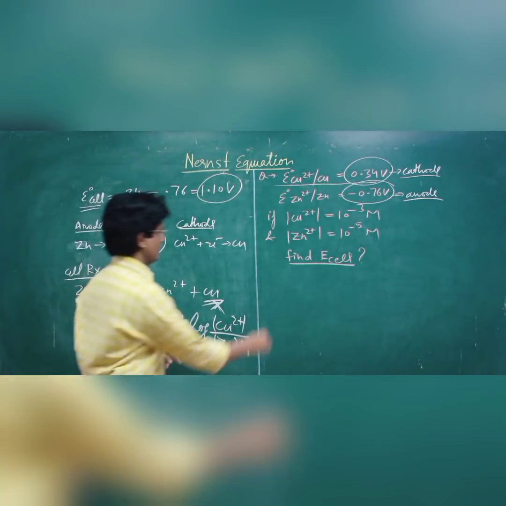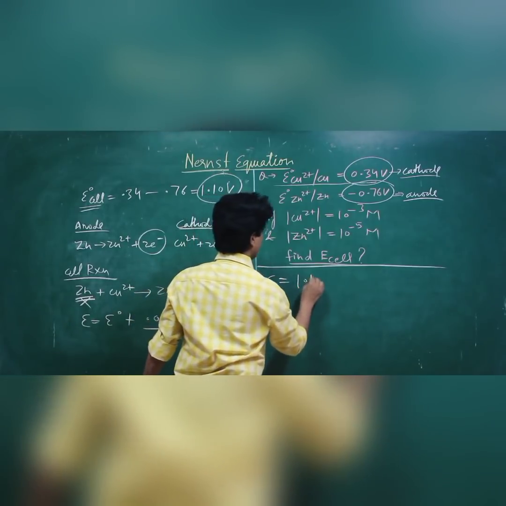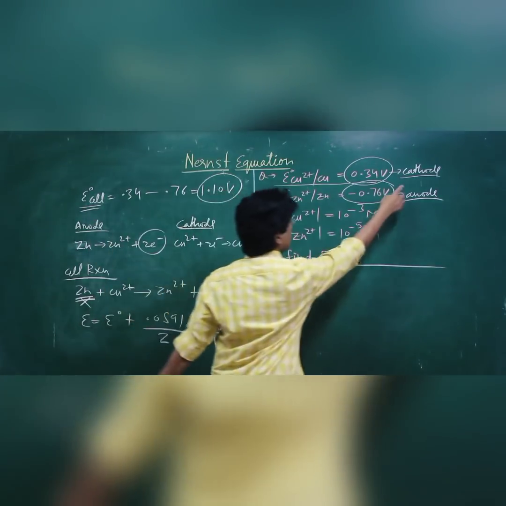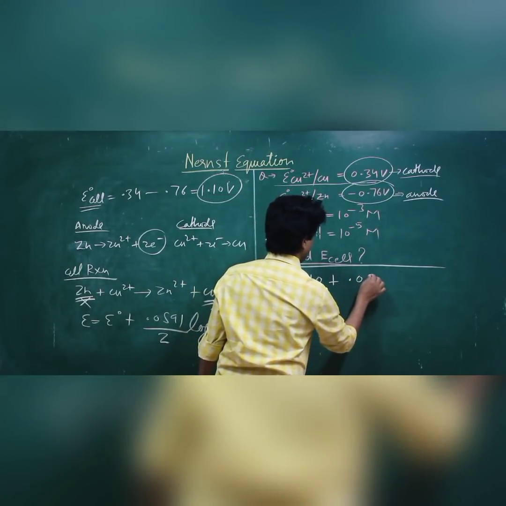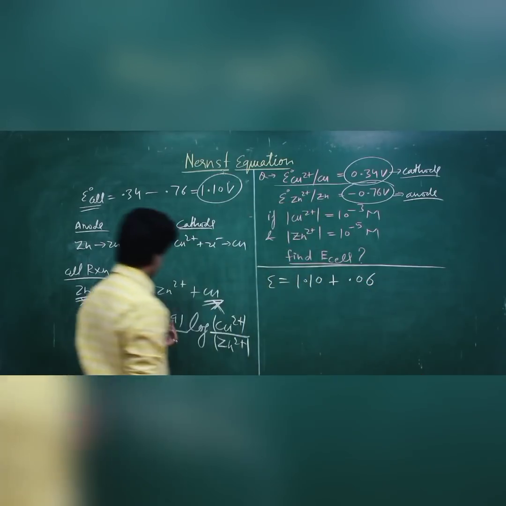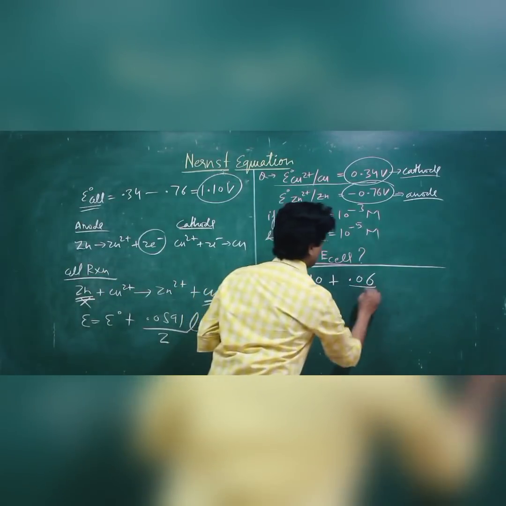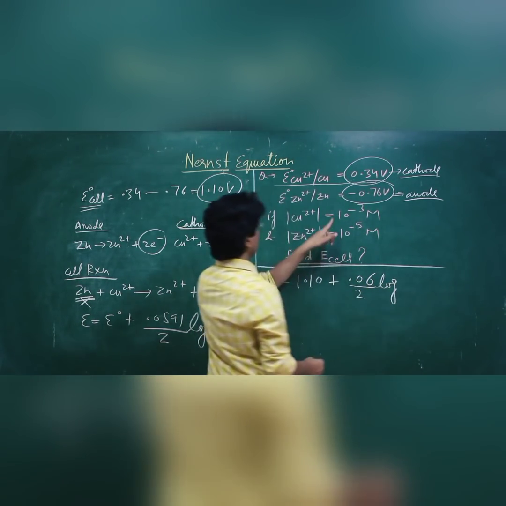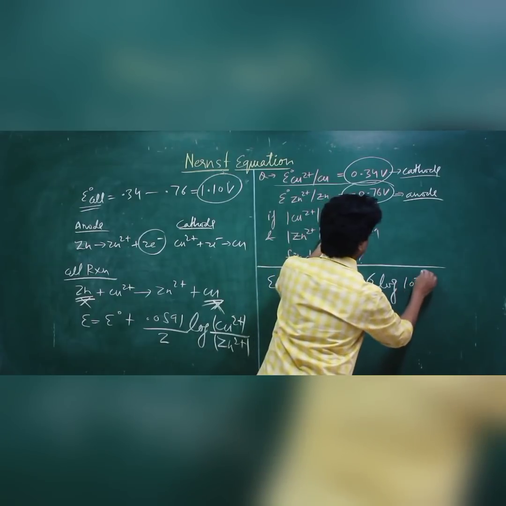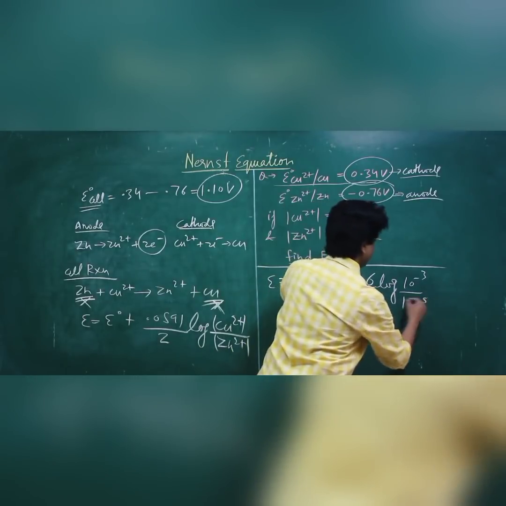So solving it further, E can be written as 1.10, the value of E naught is 1.10, plus, to simplify, I make it 0.06 upon 2 log of concentration of copper ions, 10 to the power of minus 3, upon concentration of zinc ions, 10 to the power of minus 5.